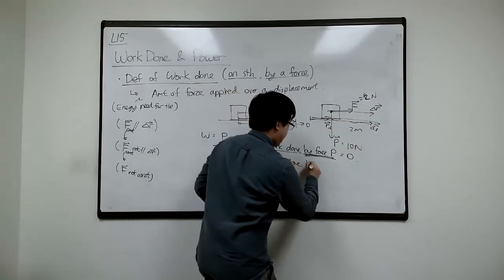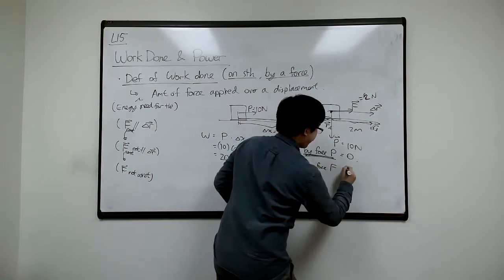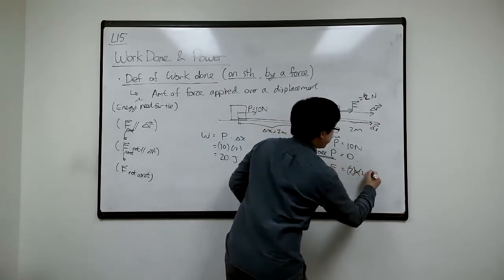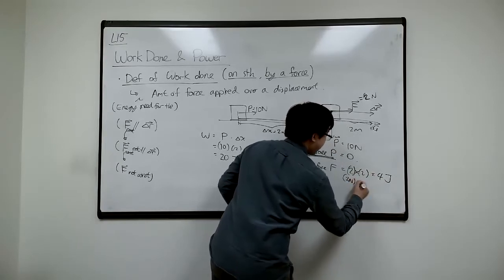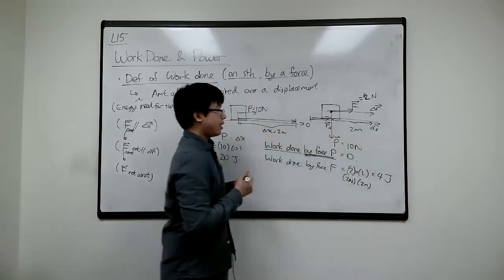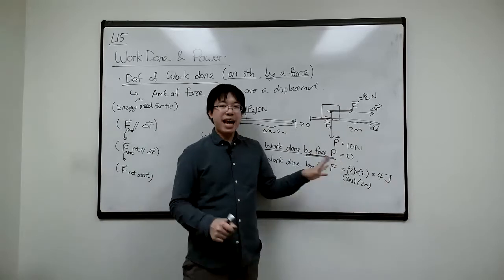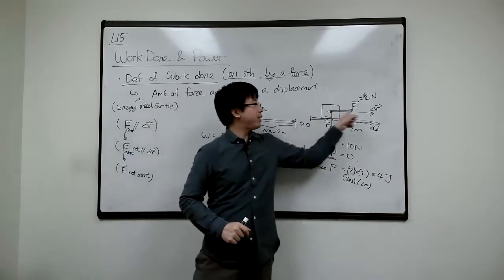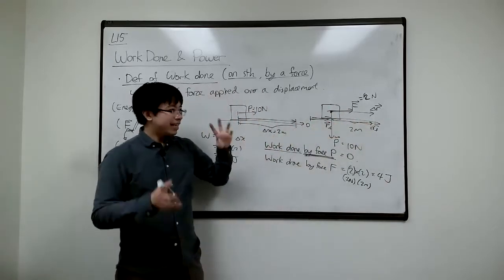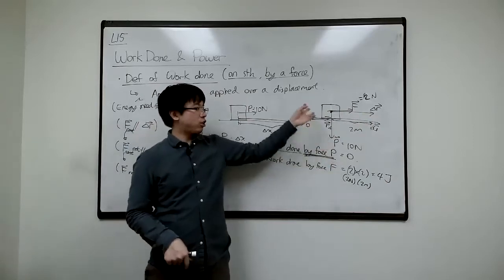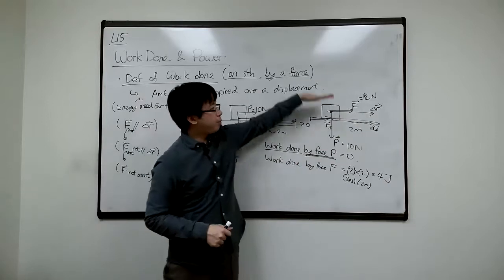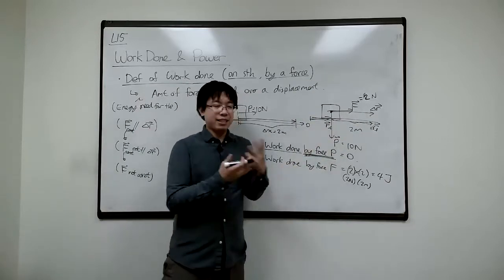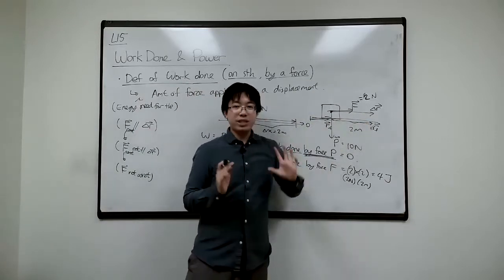Work done by the force F is equal to 2 times 2, 4 joules. 2 newtons times 2 meters, 4 joules. But the work done by P is 0. Now it makes more sense, right? Because F is really doing the work in the colloquial sense, and P is not doing any work in the colloquial sense. Now it matches up a little bit more. You're pushing it down, but it's not going there, so P hasn't really done any work. It's moving there for a different reason.